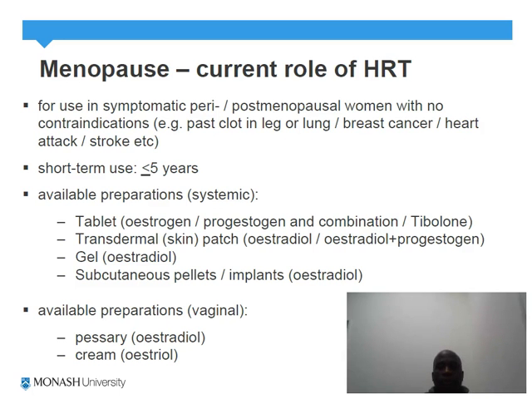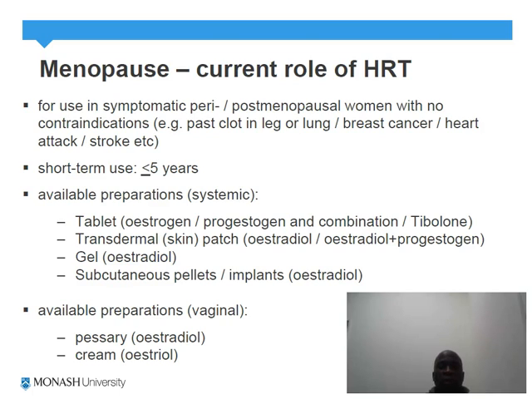So, what is the current role of hormone replacement therapy? Basically, it's for use in symptomatic peri- and post-menopausal women with no contraindications. It's important to ascertain if there are contraindications in an individual.